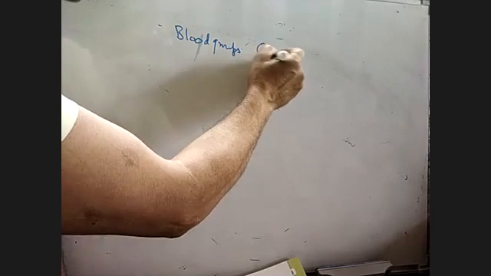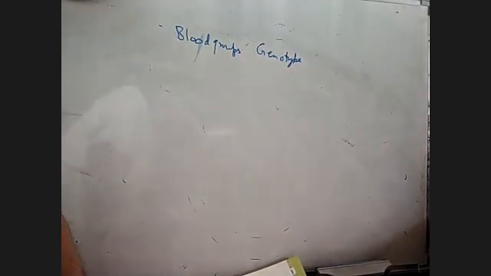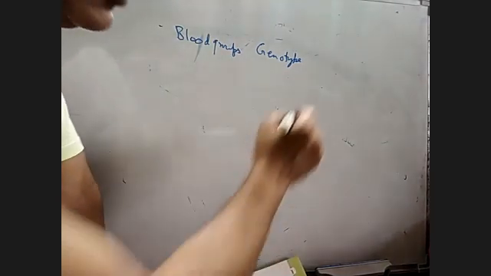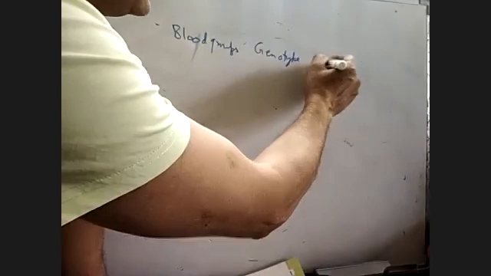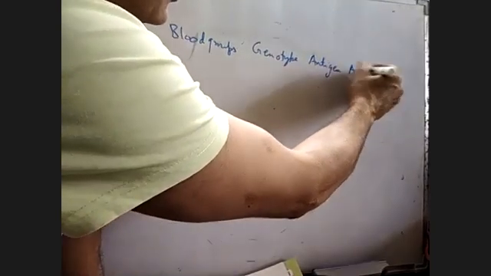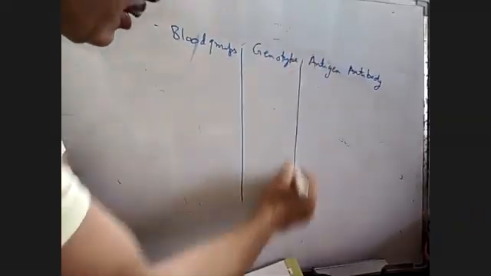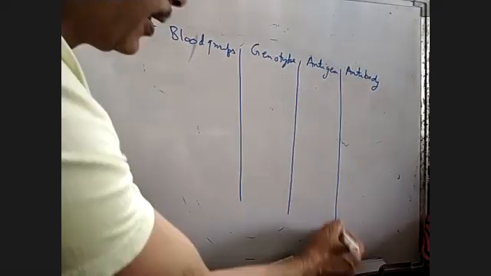We write the genotype also today, because the genotype is required in some of the exams. Then we write what kind of antigen and what kind of antibodies are found: blood group, genotype, antigen, and antibody.